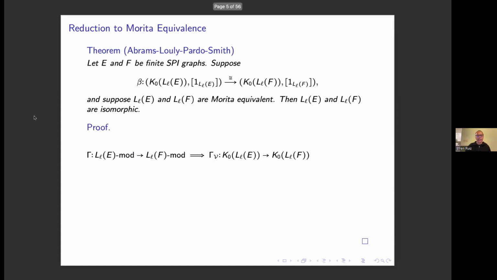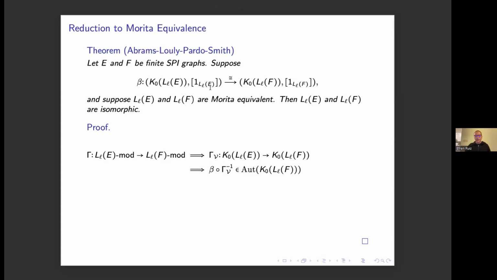So given that these Leavitt path algebras are Morita equivalent, it's well known that it induces an isomorphism between the K0 groups. Then we compose the inverse of that isomorphism with the chosen isomorphism that sends the class of the unit to the class of the unit.